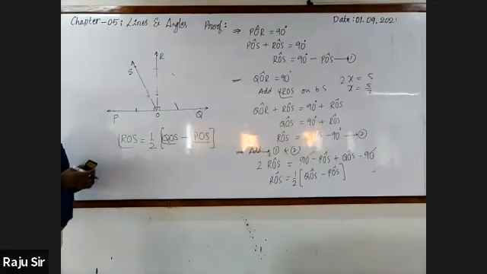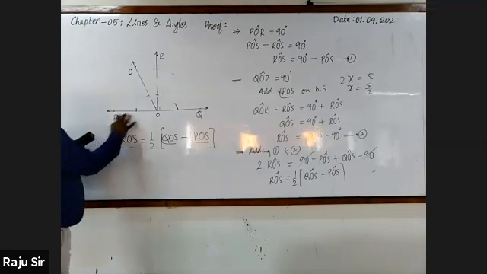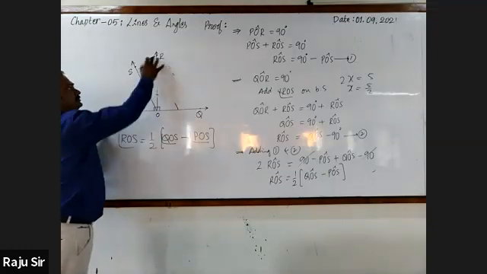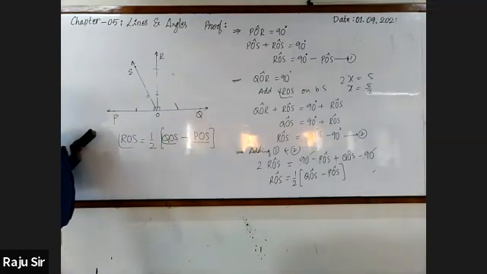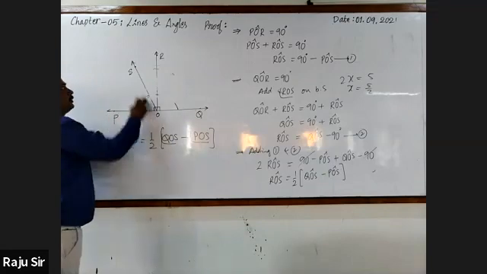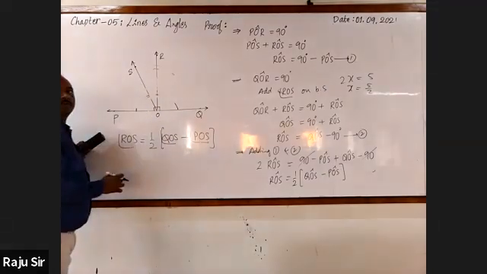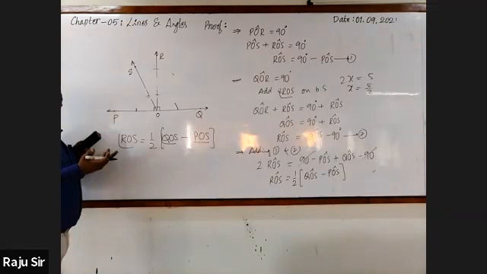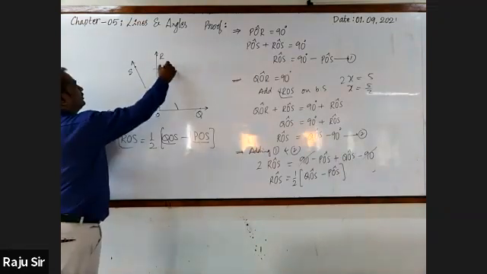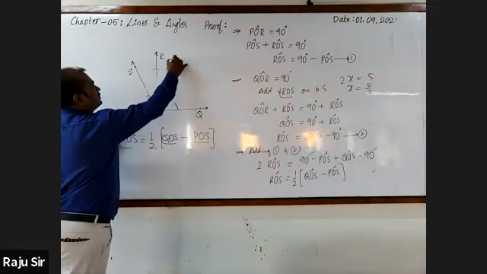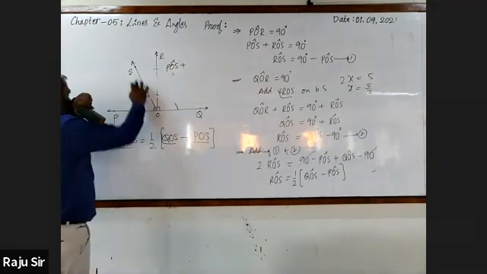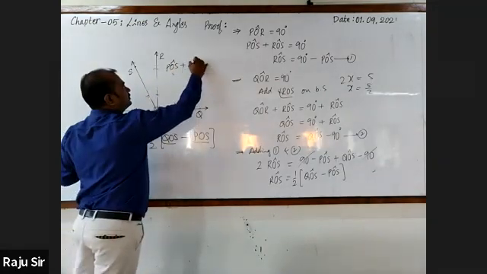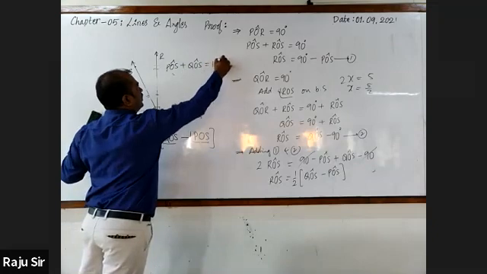POR plus, then POS plus SOQ is 180, right? POS plus QOS is equal to 180.